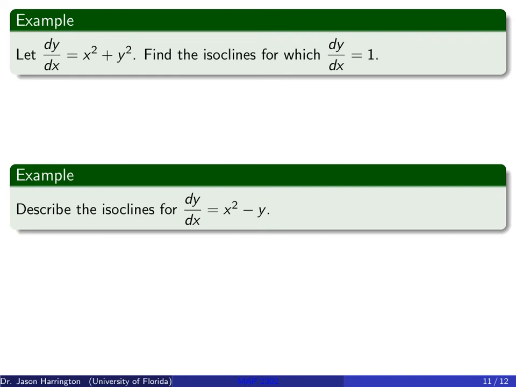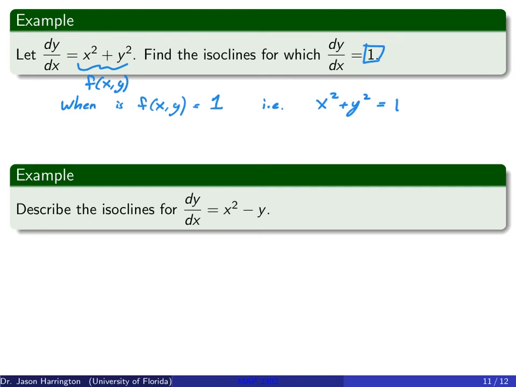So now this is my function f of x comma y, and I want to know when is f of x comma y equal to 1. And that's going to happen precisely when I have x squared plus y squared is equal to 1.